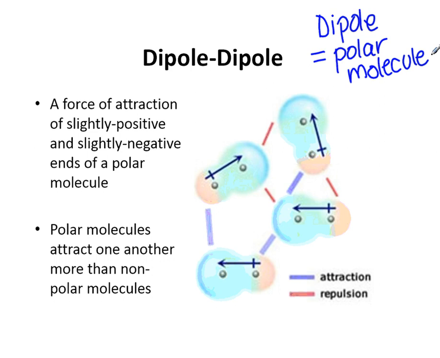Any type of dipole has a positive and negative end. So with a dipole-dipole interaction, it's just as simple as what the name says. The dipole of one molecule will interact with the dipole of another molecule. Or another way of putting it, we say a force of attraction with a slightly positive and slightly negative end of a polar molecule.